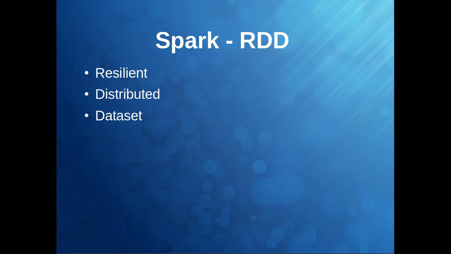The complex things Spark is doing behind the scenes are abstracted from the user. So you can work with it like you're working with a normal table or normal dataset. That's where Spark RDD comes in. This is very powerful and is the base of Spark.